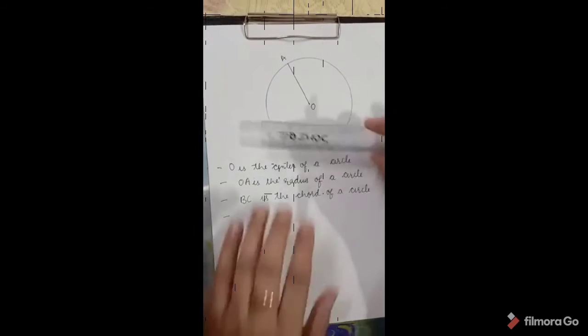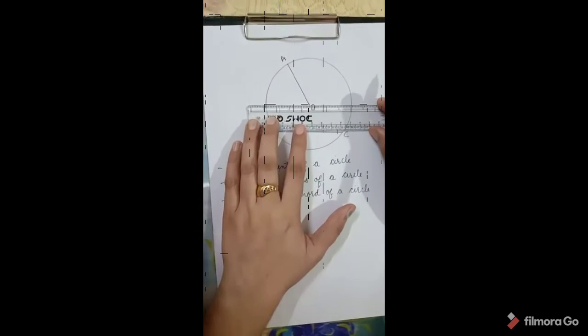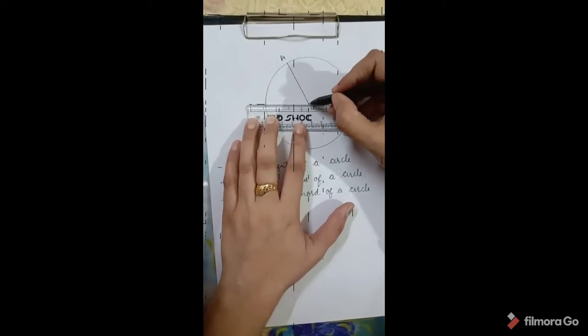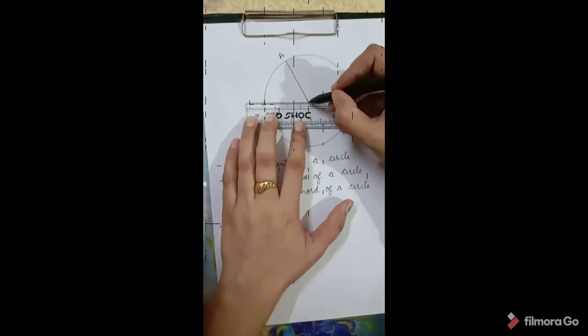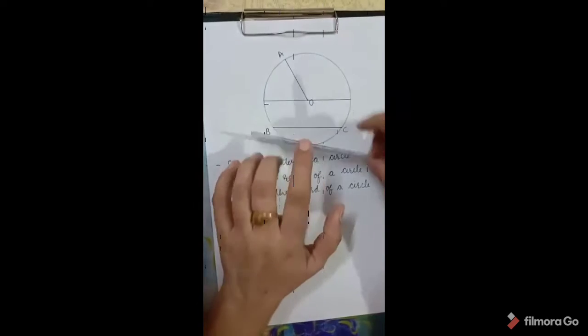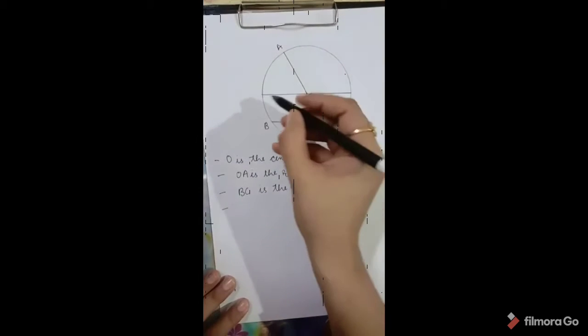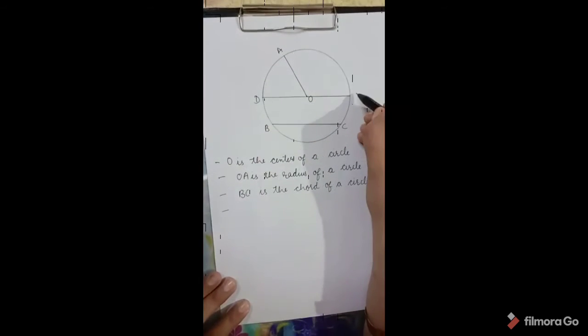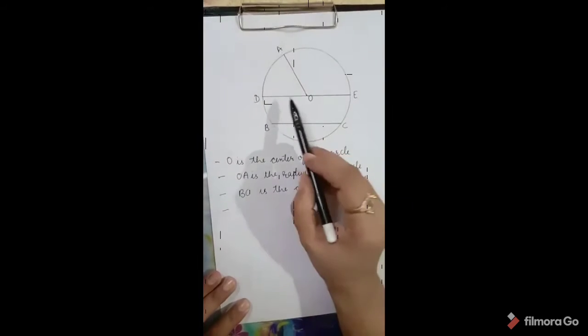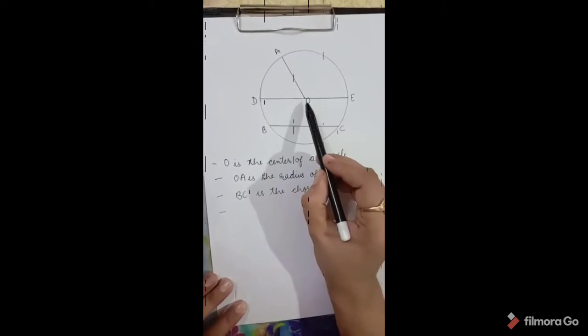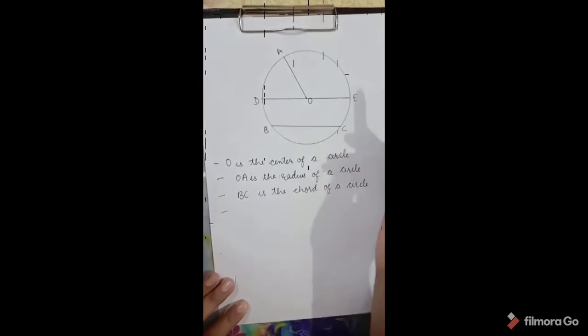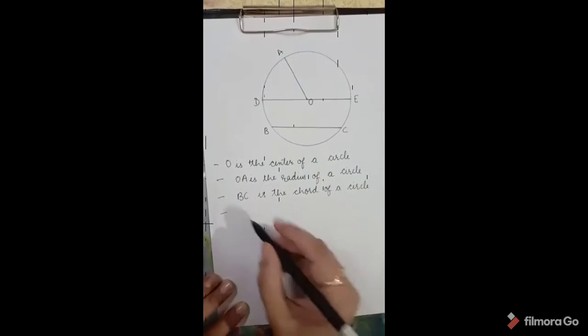Now, again, I draw a line whose both end points are on the circle. I name them DE. But this chord passes through the center. It is called the diameter.